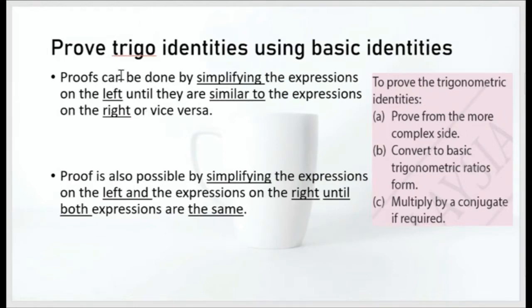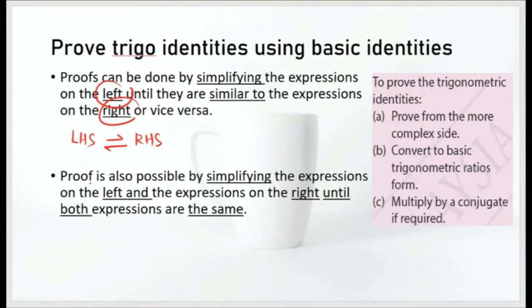The first one, we can prove by simplifying from the left to right, meaning you start from the left hand side expression and simplify until you get the right hand side expression, or you can do it vice versa, from the right hand side to the left hand side. We always start with the side which has more terms, going from more terms to simpler terms.